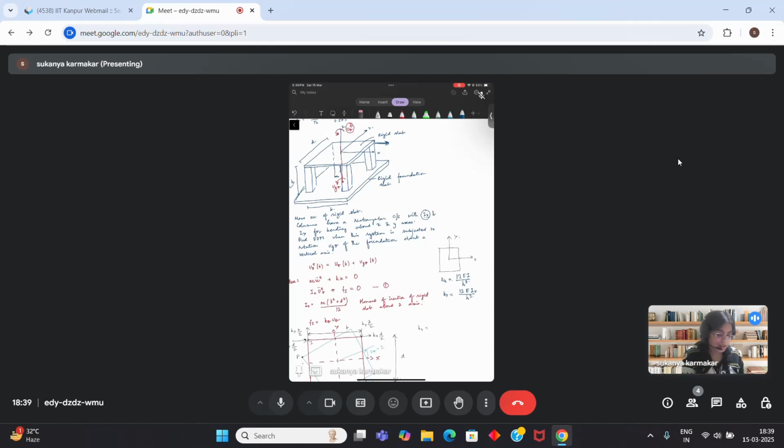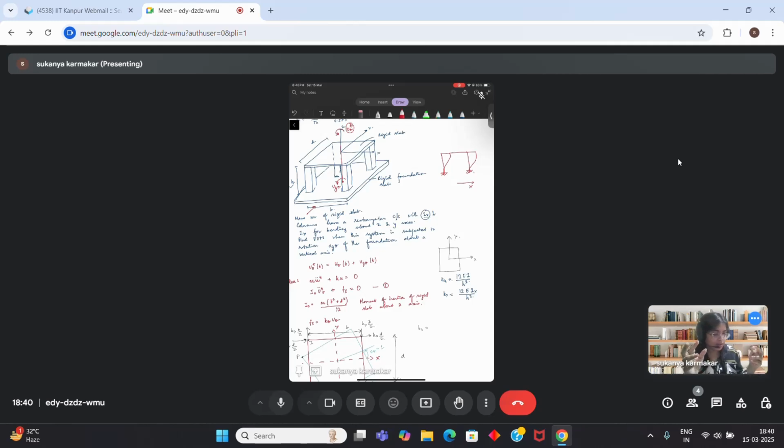That will happen when the column is bent, that is, the column will bend like this. If you look at the frame from this direction, the frame will look like this. This is the x direction and the column is bending like this.